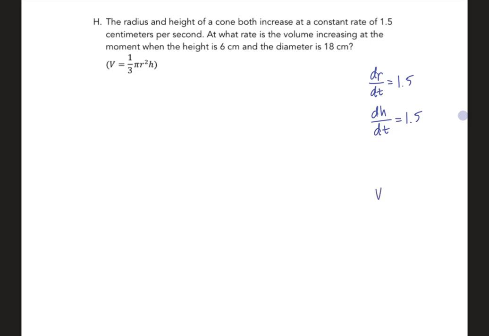So they want to know dv dt. At the moment when the height is 6 and the diameter is 18, I gotta be careful. Last time I messed that up. Diameter is 18, but we really want the radius. So the radius would be 9.